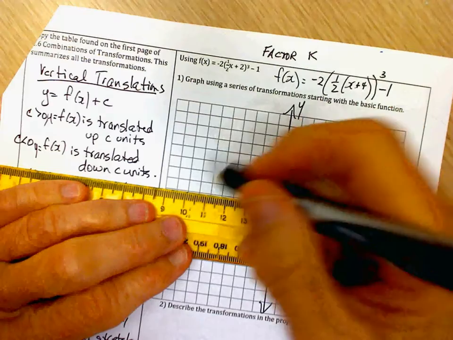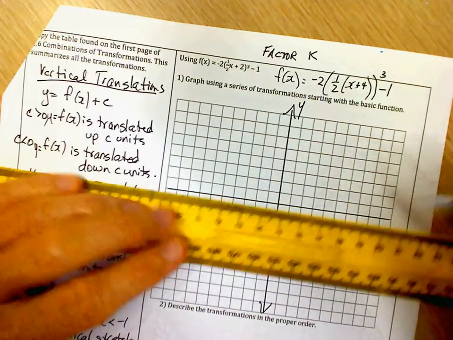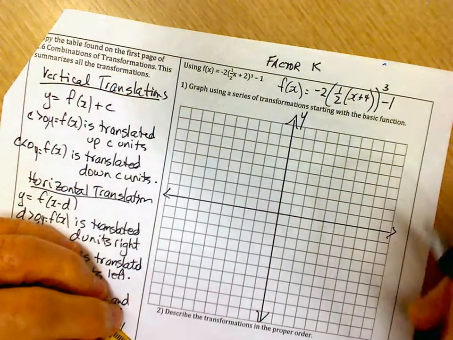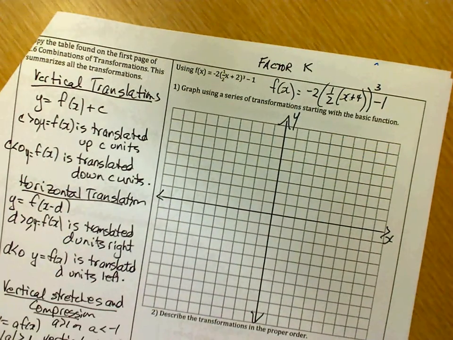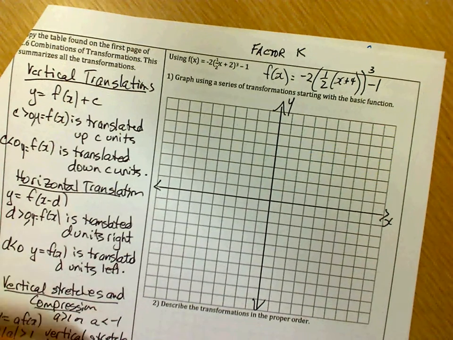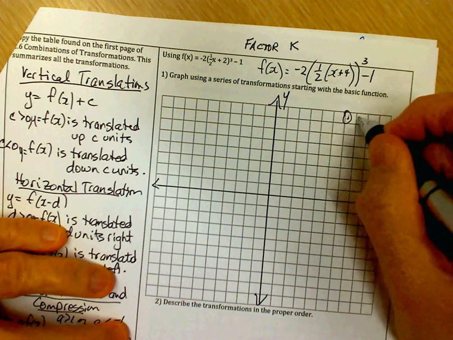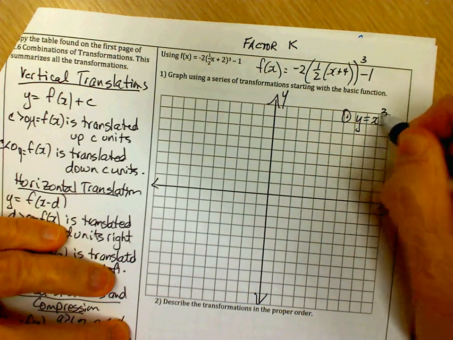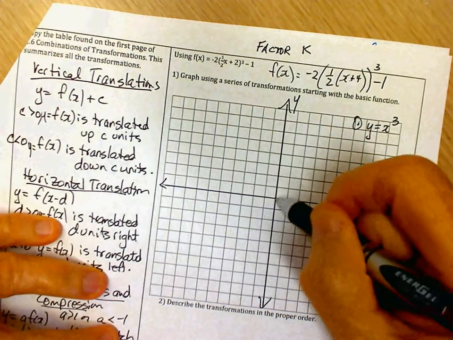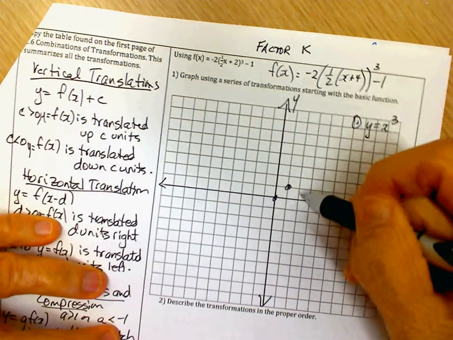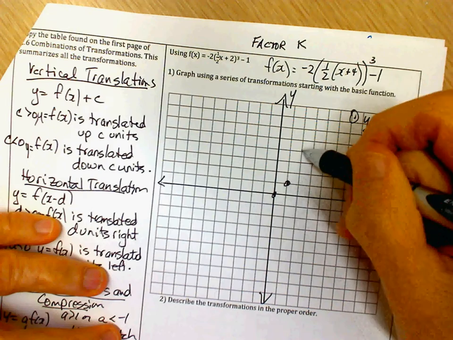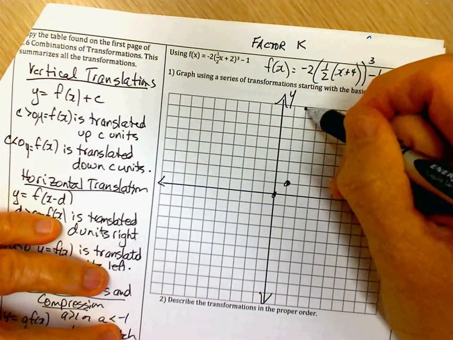Okay. Now, our parent function, first we're going to graph y equals x cubed. So you should know that by now. When x is 2, y is 8. 2 cubed is 8. Negative 1 cubed is negative 1. Negative 2 cubed is negative 8.